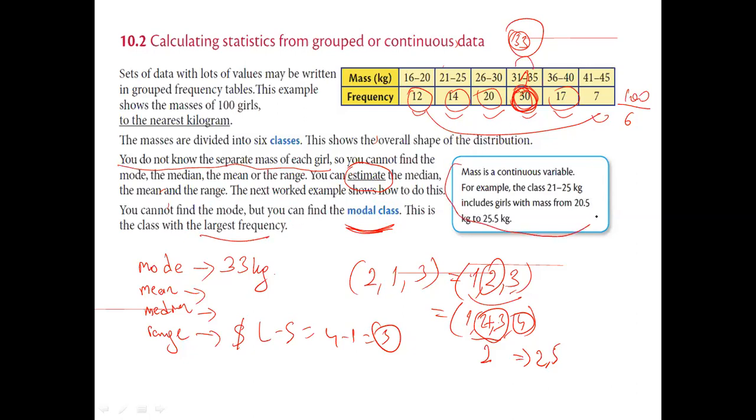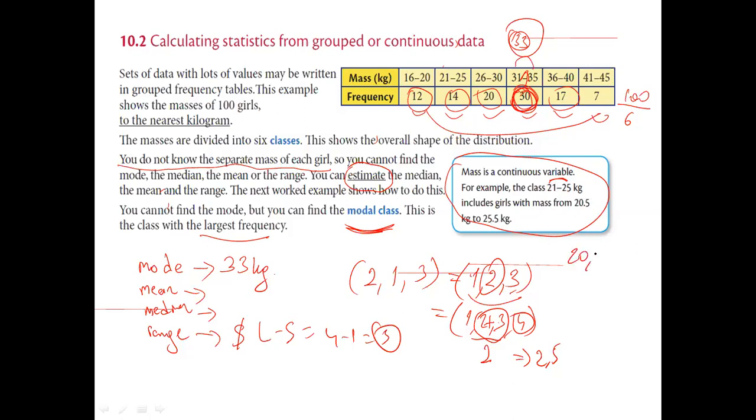And here is a little rule: mass is a continuous variable. For example, the class 21 to 25 kilograms. What is the mean of these numbers? It is 23. 23 includes girls with mass from 20.5 to 25.5. Why?